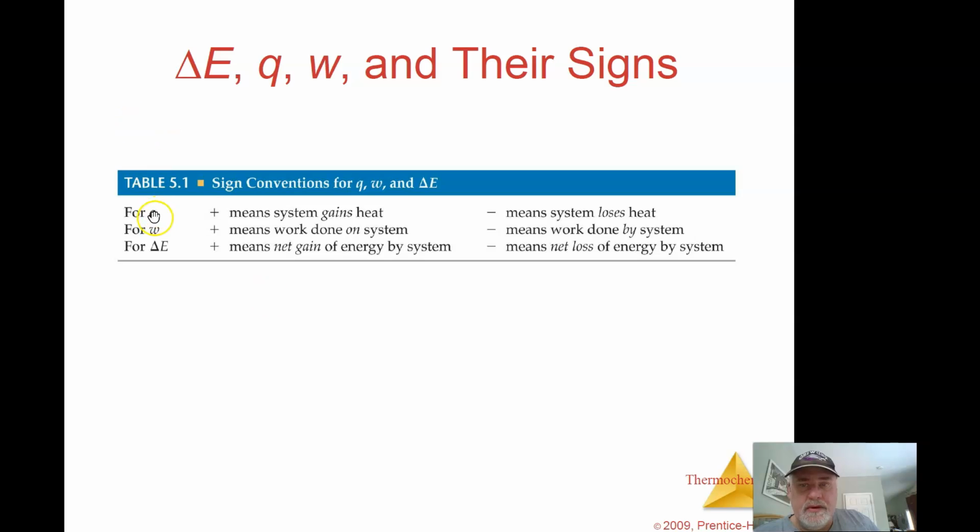You know that Q is heat. The signs make a lot of sense for heat. If a system gains heat, it's positive. If it loses heat, it's negative. I don't even think you need to commit that to memory. That's so logical.